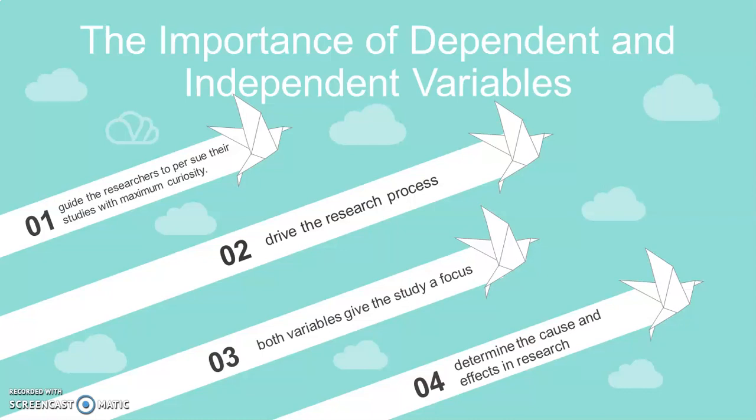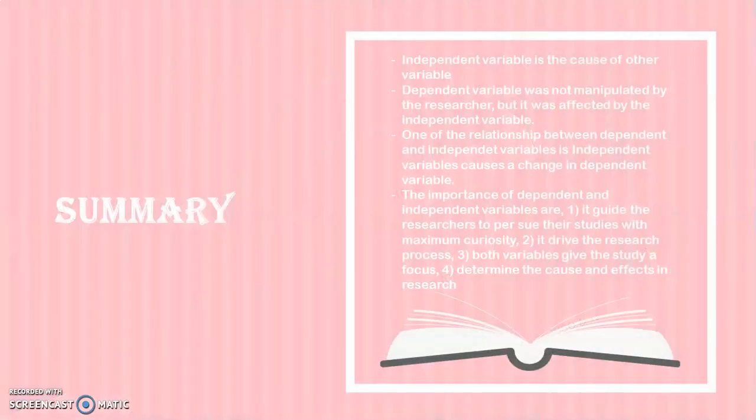In the studying and scores examples, cause and effect is fairly obvious, and therefore it is relatively easy to understand what the independent and dependent variables are. This is summary that you can see from all our topic that I have explained before.